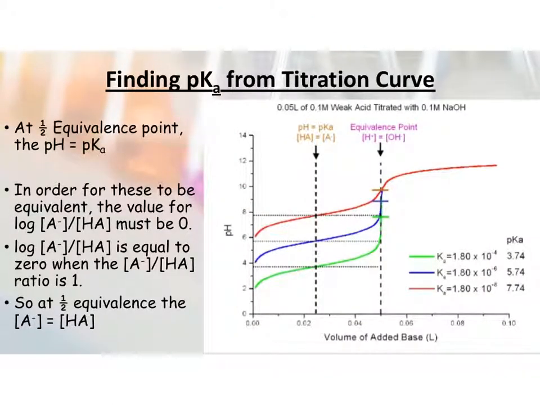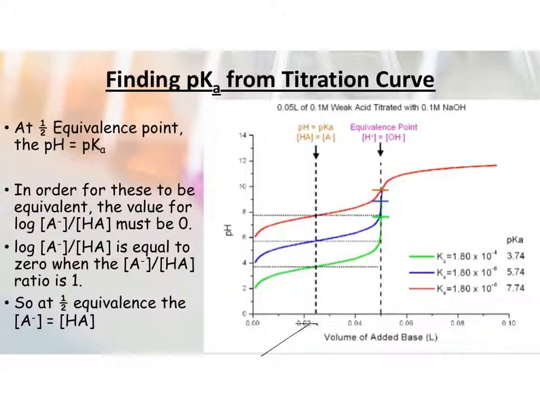Okay, we can also find pKa from a titration curve. So at half equivalence, we know that the pH is equal to the pKa. Okay, so remember back when we talked about weak acid, strong base solutions, or actually any kind of titration.